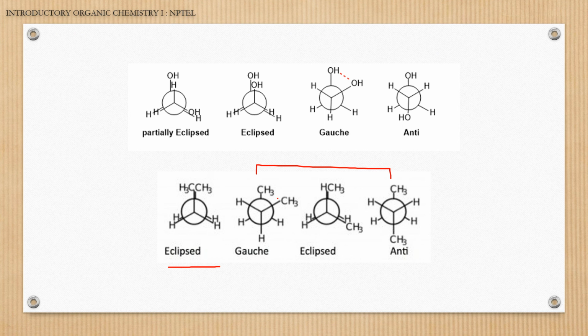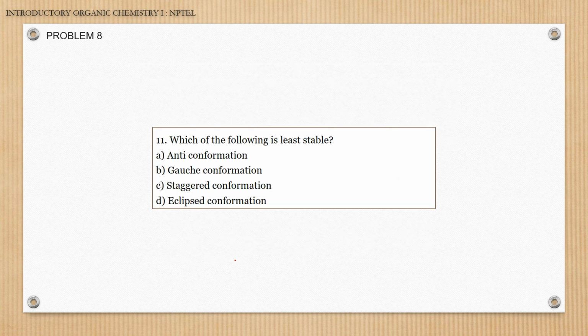But when you come to the anti conformation, as the dihedral angle between the methyl groups is now 180 degrees, torsional strain is also relaxed, and steric strain is also not there. So that is why the anti conformation is the most stable conformation. Okay, is it clear? So the least stable conformation will be the eclipsed conformation.